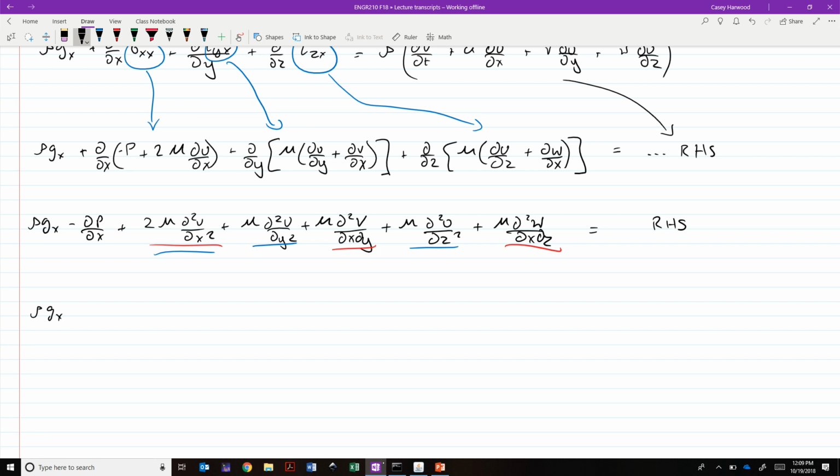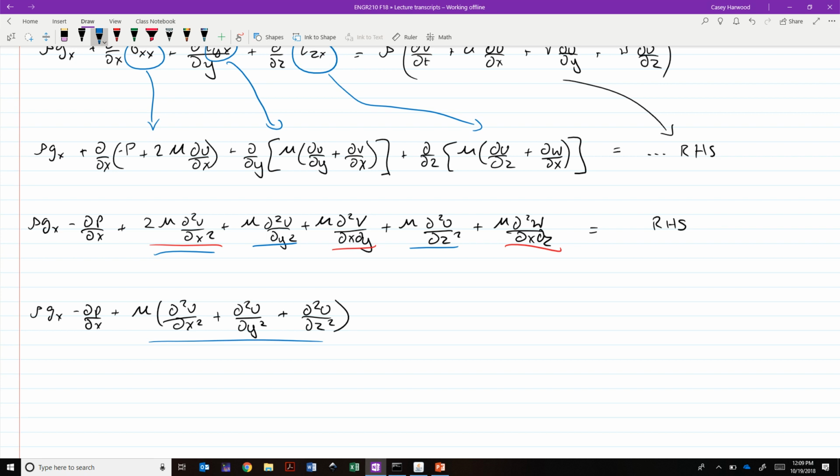If I split those into two groups: minus dp dx plus viscosity times d squared u dx squared plus d squared u dy squared plus d squared u dz squared. Those are all the blue underlined terms.